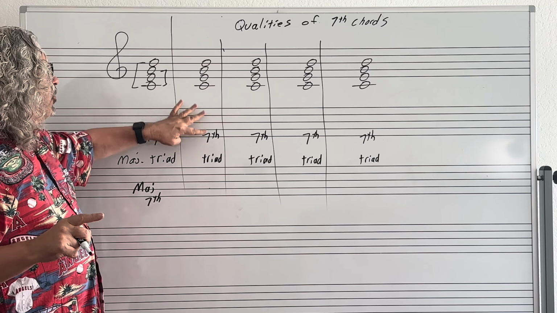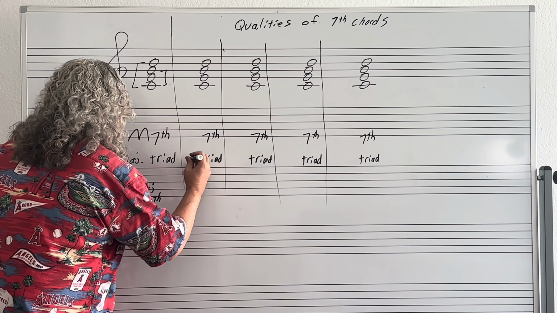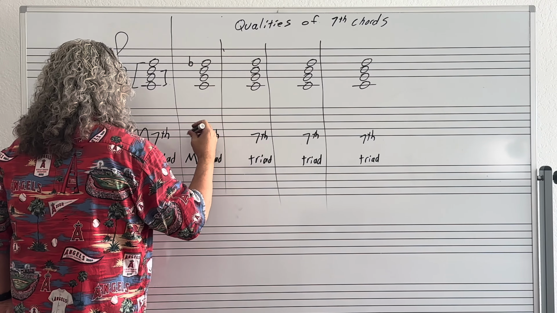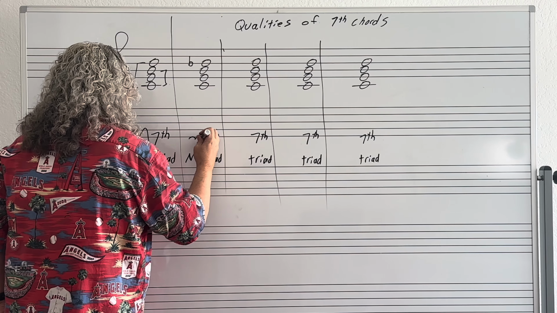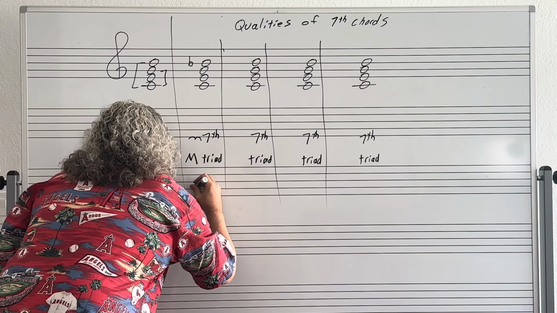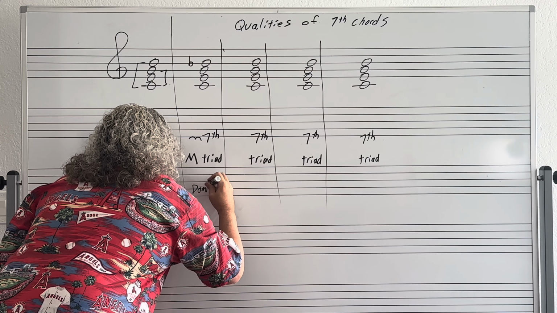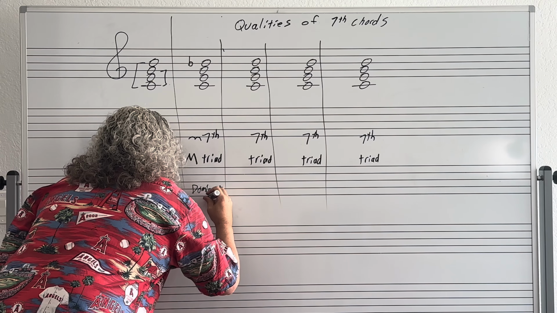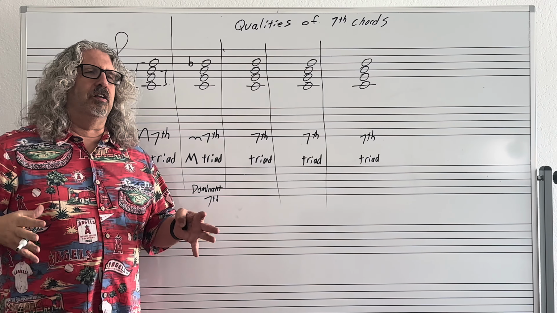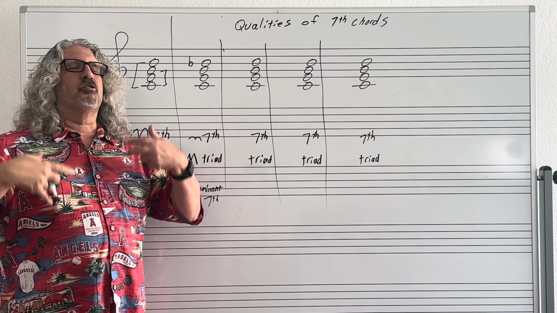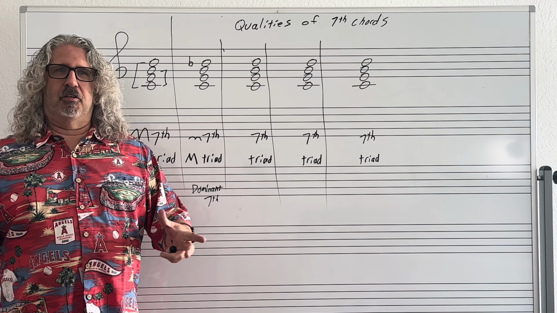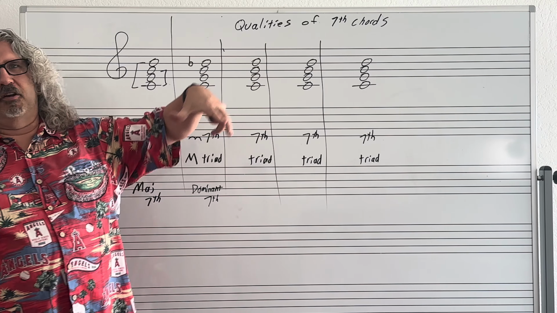So now, let's take the same chord, another major triad, but now let's make it a minor 7th, okay? If you do that, that's called a dominant 7th, okay? Dominant 7ths have a lot of tension in them, and they're great chords, especially when you're finishing something, to say, here's a lot of tension and here's a lot of release.